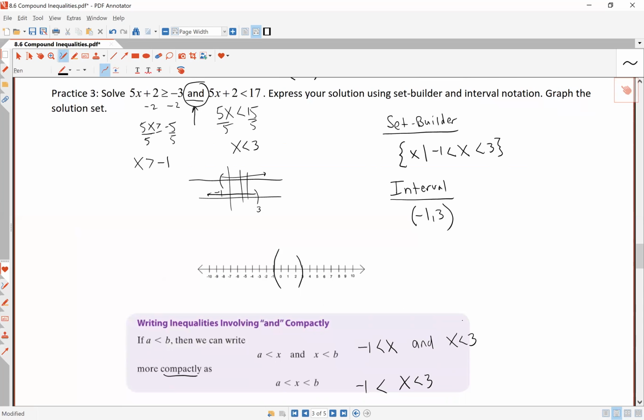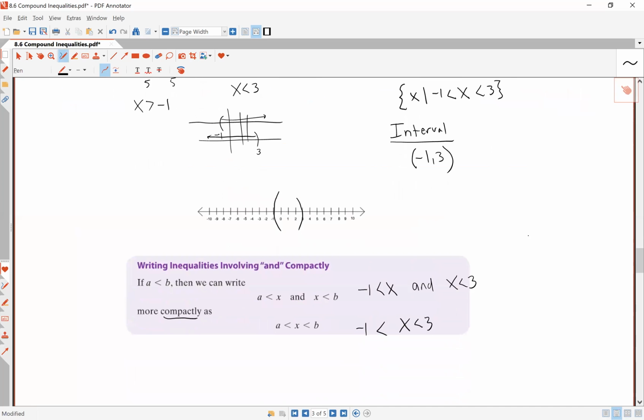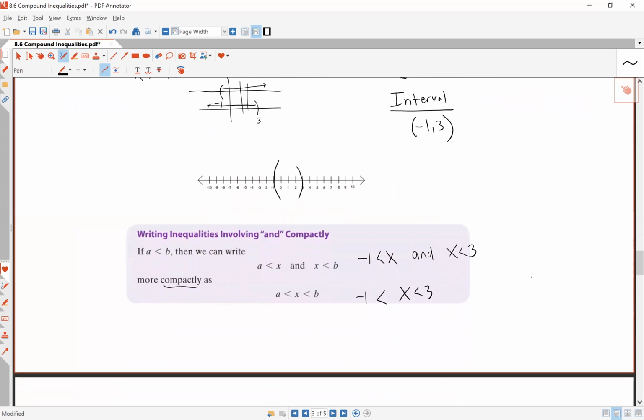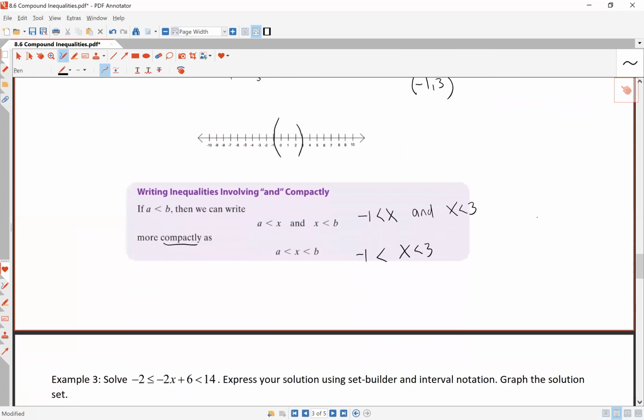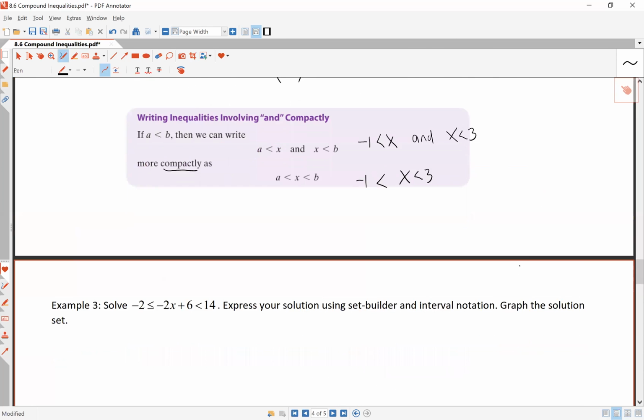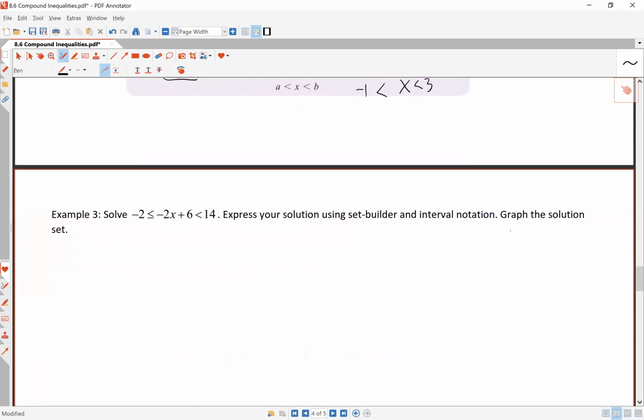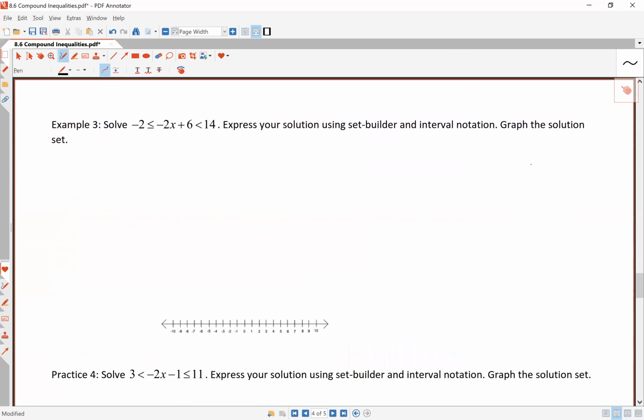So with the and statement, we can write that as a compact inequality. Whereas or, we don't have those same luxuries. So when we have the and statement, we like to write it as a compound inequality.